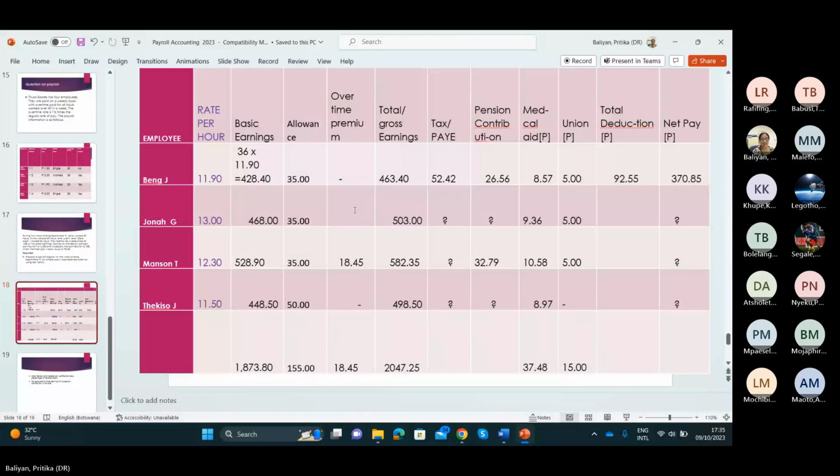Then this is not the actual amount he's supposed to receive because he also contributes for the pension contribution, medical aid, union membership and the tax. So for the pension scheme, what is the rate? 6.2.